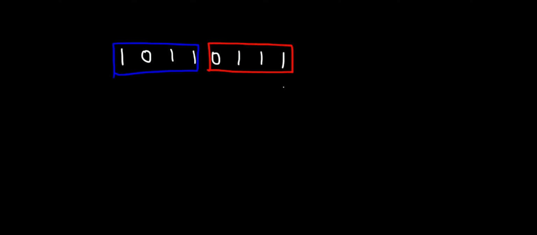Now we will write 2 to the power 0, 2 to the power 1, 2 to the power 2, 2 to the power 3. And simply you can write it also 1, 2 and 4 and 8, as I was writing last time, 4 to 1.